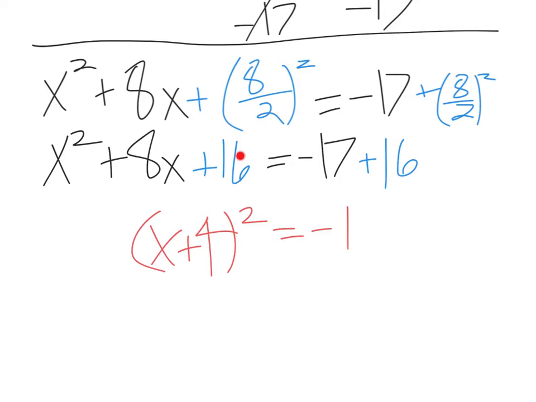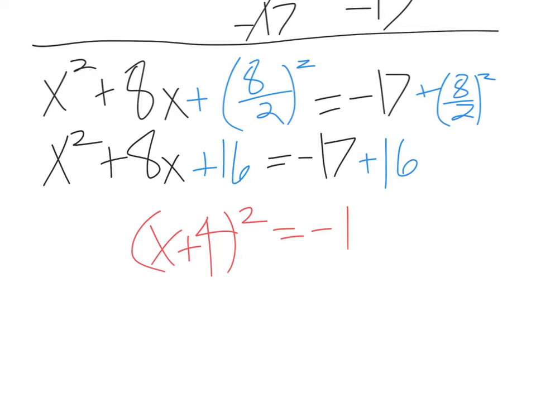And then the kind of cheat, quote unquote, is to just look at this step right here and look at the b over 2 value. 8 over 2 is a positive 4. So this number is always going to be this number here in the factored form. It says x plus 4 squared. However you want to think about it is how I want you to do it.